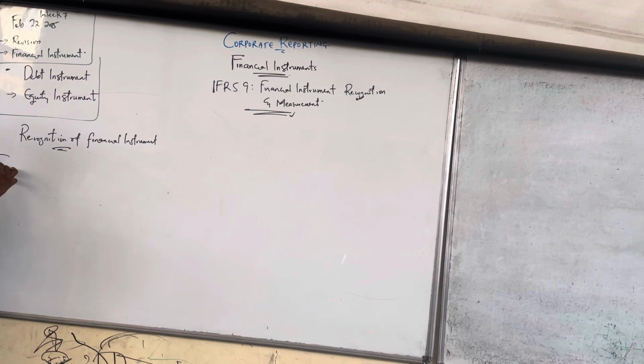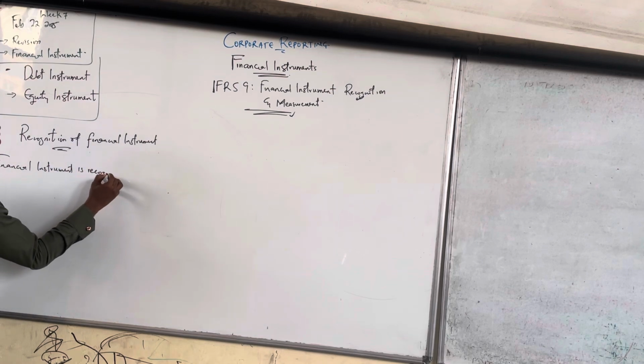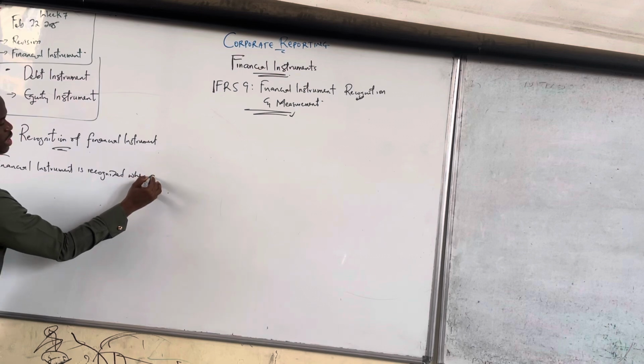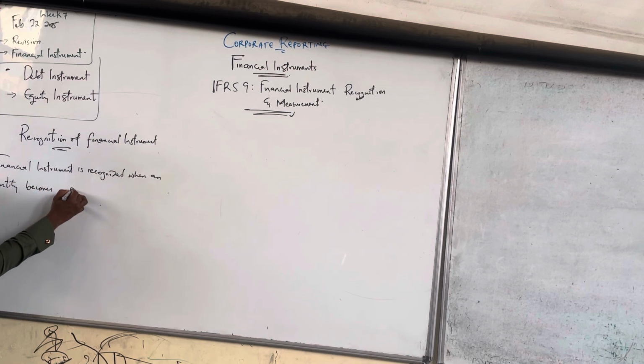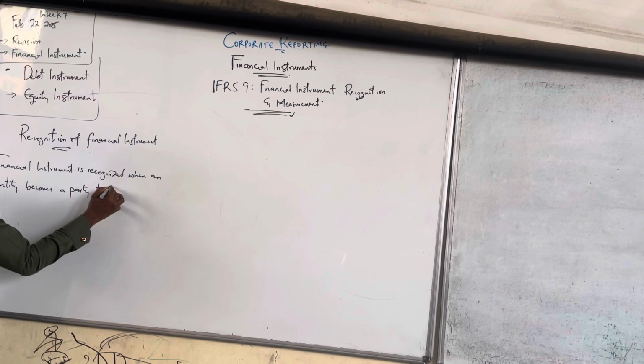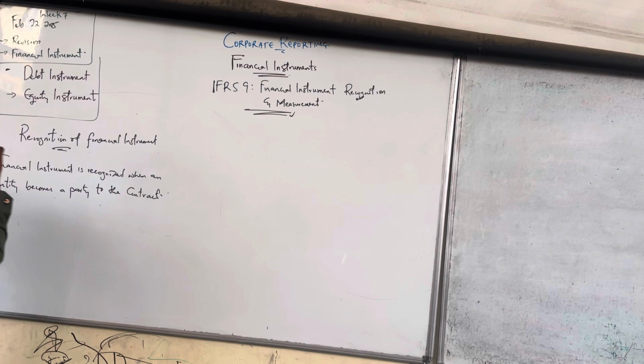IFRS 9 says that a financial instrument is recognized when an entity becomes a party to the contract.